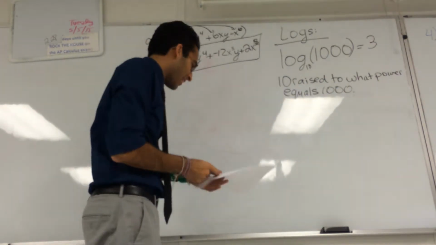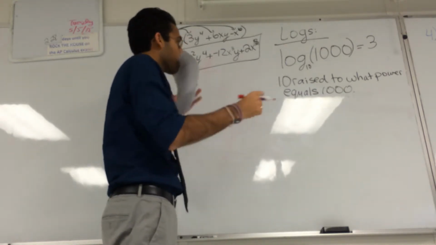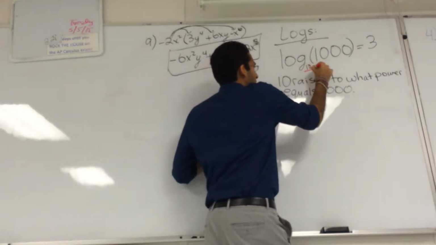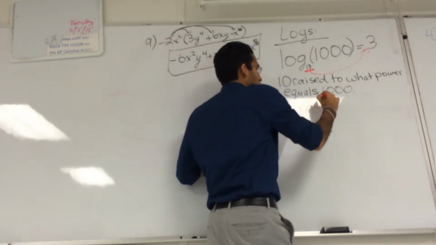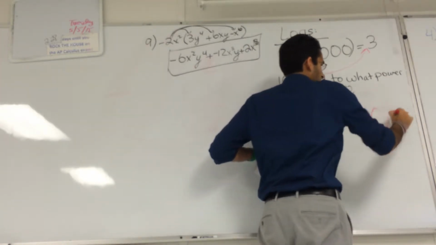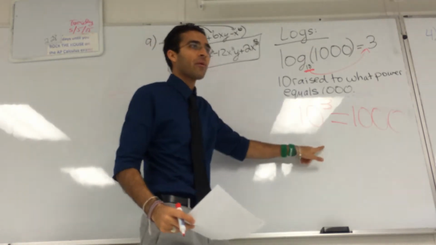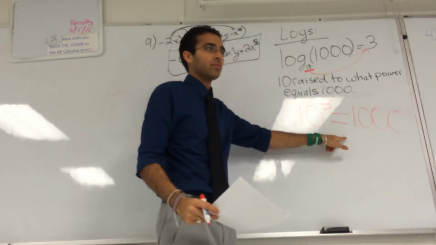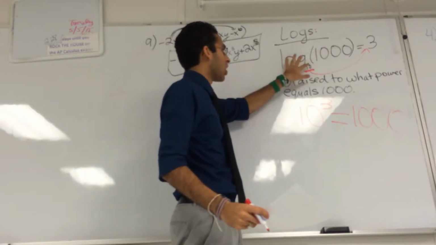How did we do this? What we did is we said 10 raised to the third power equals 1,000. 10 raised to the third power gives me 1,000. This is what we mean when we say log of a number.